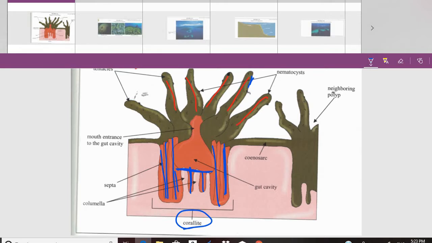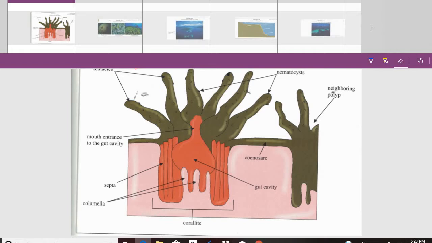So when the coral grows, they can reproduce asexually several different ways, and they can also reproduce sexually. So let's look. The first thing I want to look at is one way that they can grow. The coral polyp can lift itself up and secrete a new bottom.